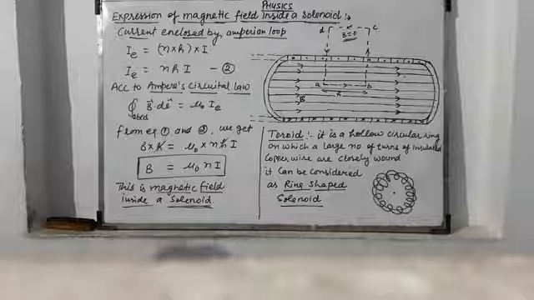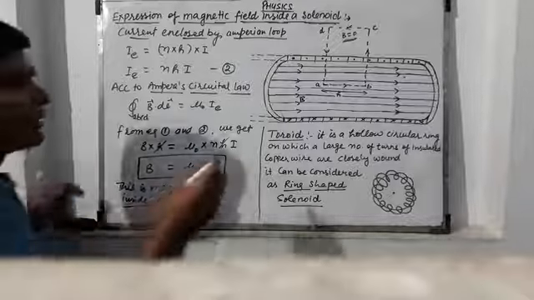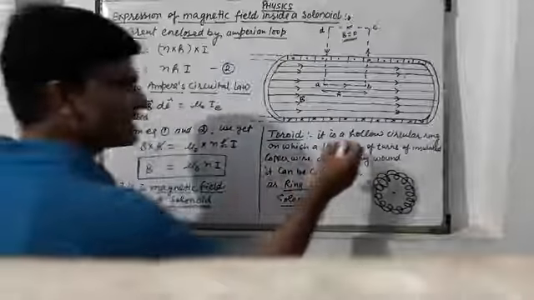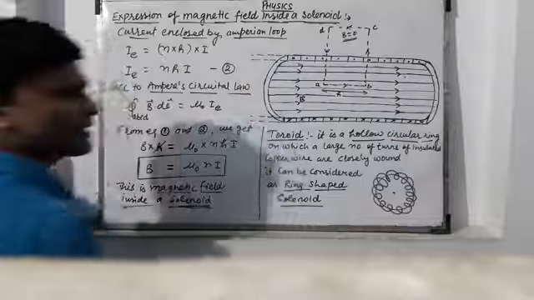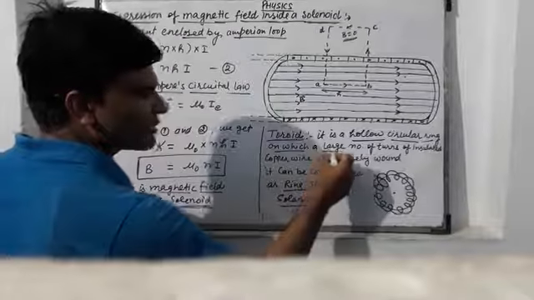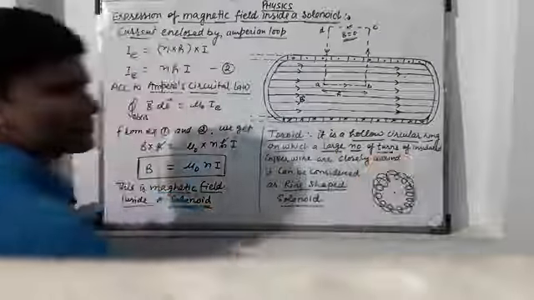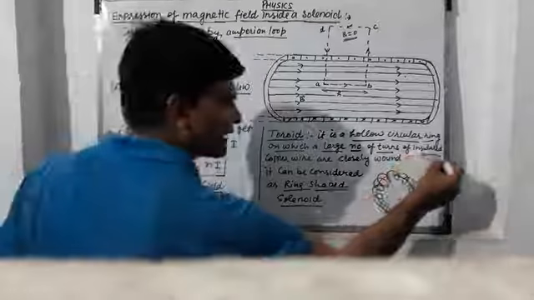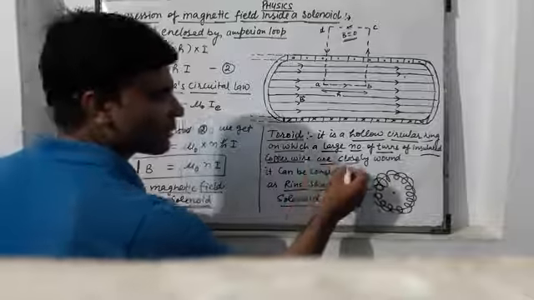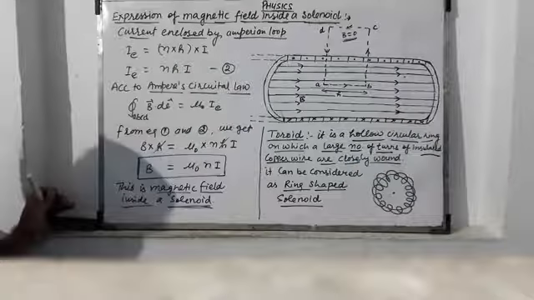Now, toroid. What is a toroid? A toroid is a hollow circular ring like this, on which a large number of turns of insulated copper wire are closely wound.